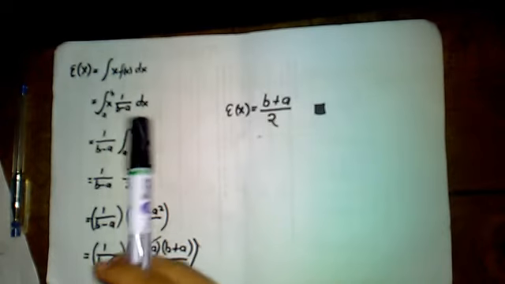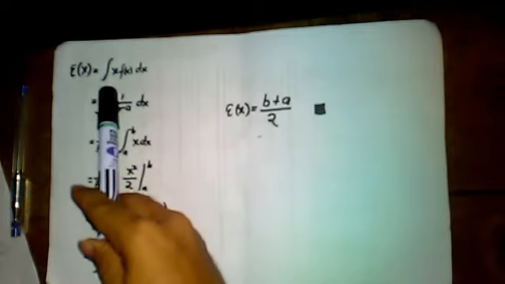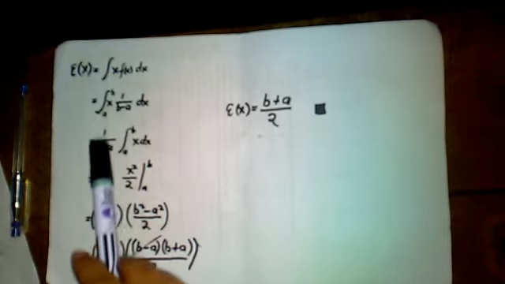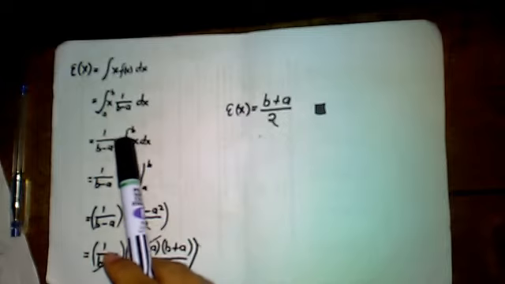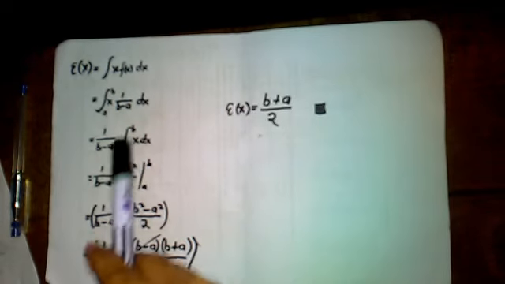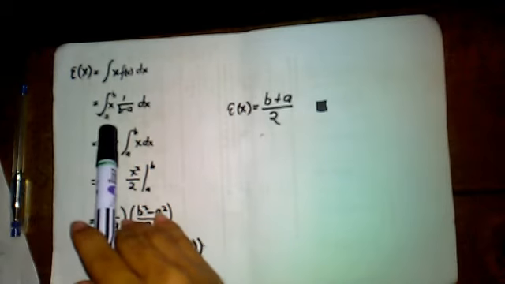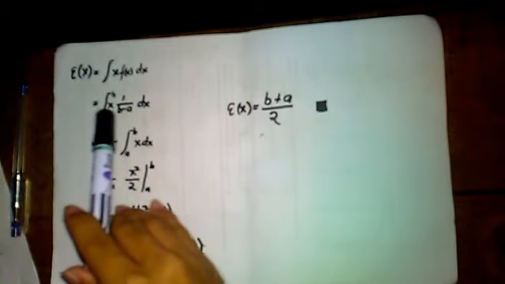We know that the support is from a to b, and our f of x is 1 over b minus a, with lower and upper limits a and b. So we have the integral of x times 1 over b minus a dx evaluated from a to b.